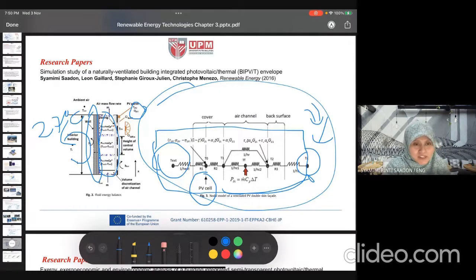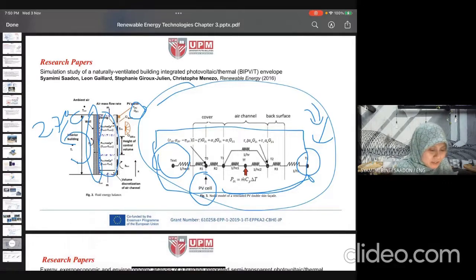Is it enough, or do we need to provide more heat, to use more PV panels? So this is the energy balance.